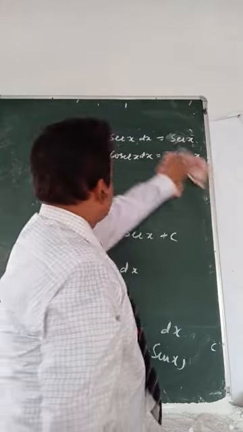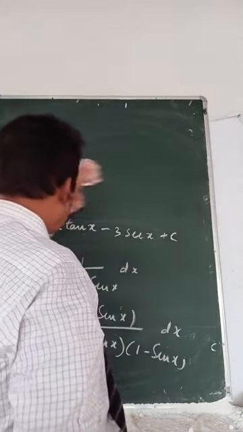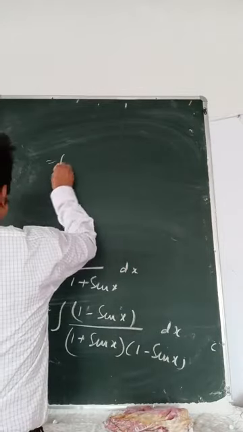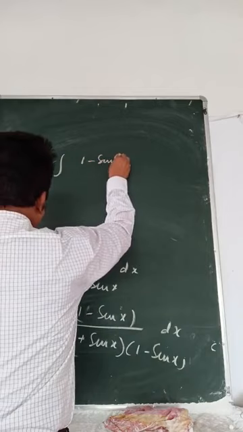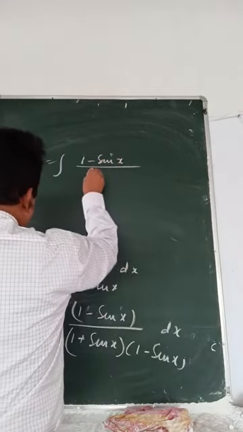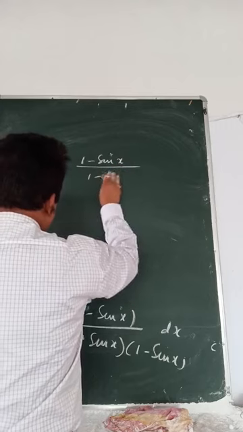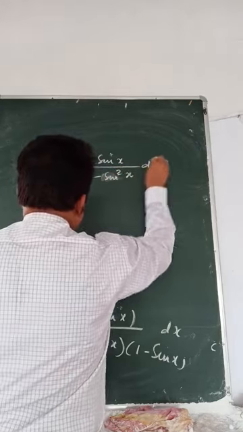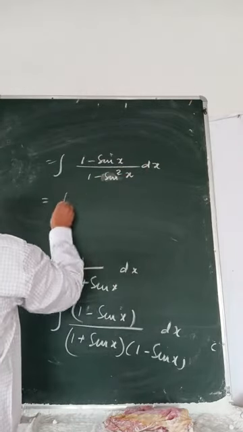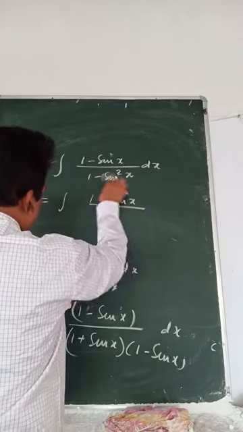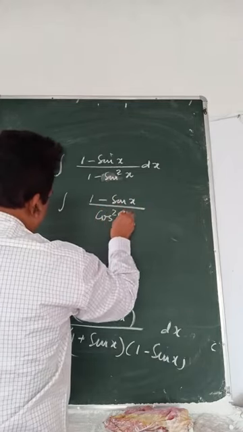So 1 minus sin x, the denominator is 1 minus sin square x. It is 1 minus sin x by cos square x.